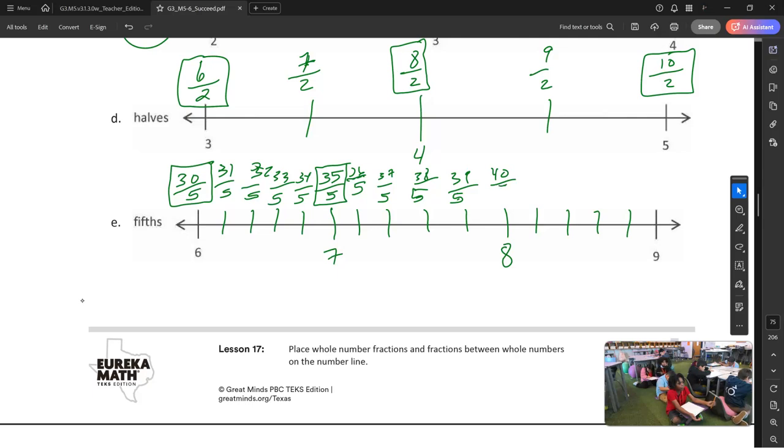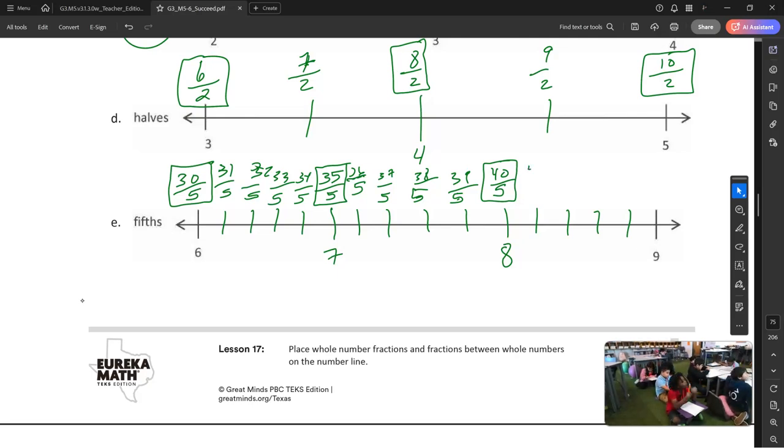39, 40 fifths. Here's another whole. Now, how do we know that's 40? Because we're counting by fives, and we're going to do it 8 times because that's the whole number, 8. 8 times 5 is 40.